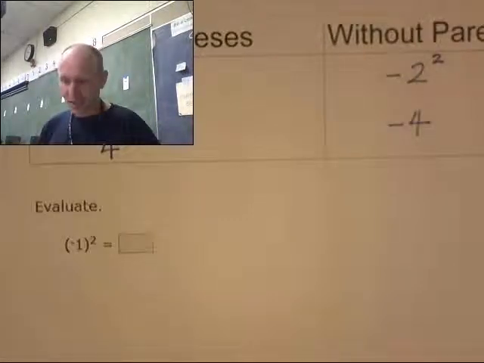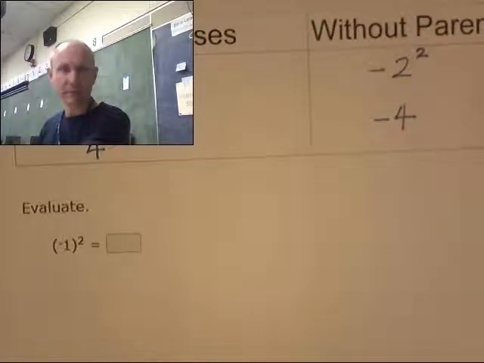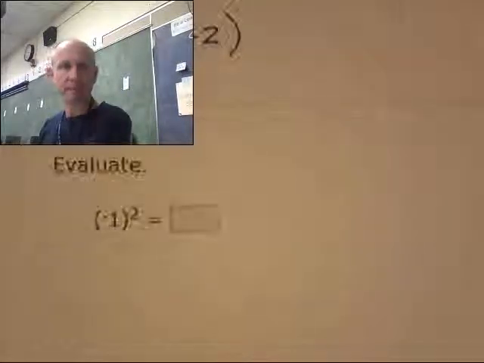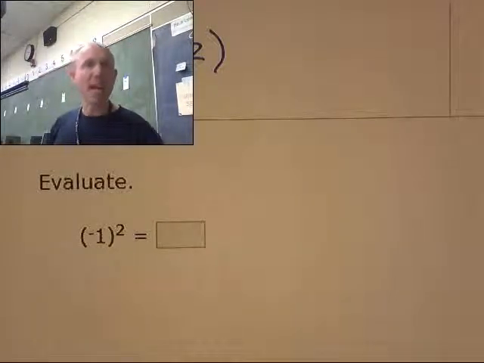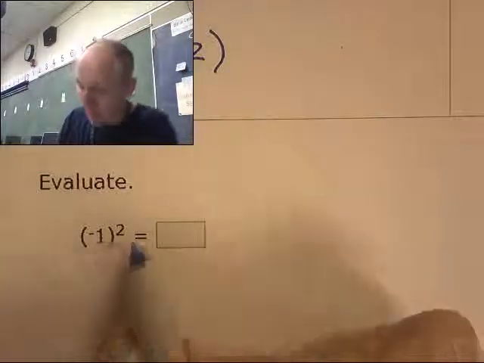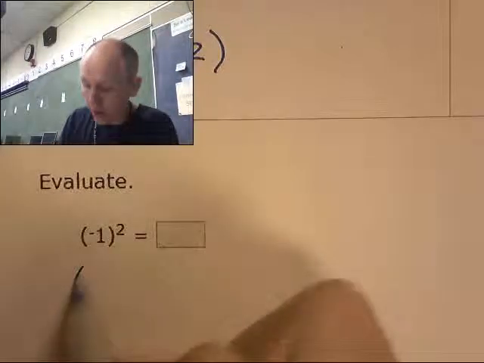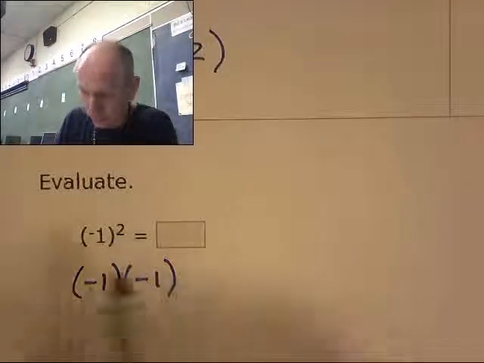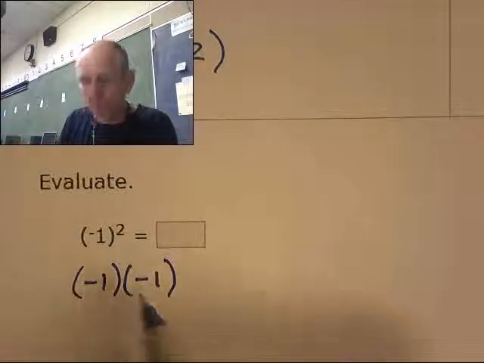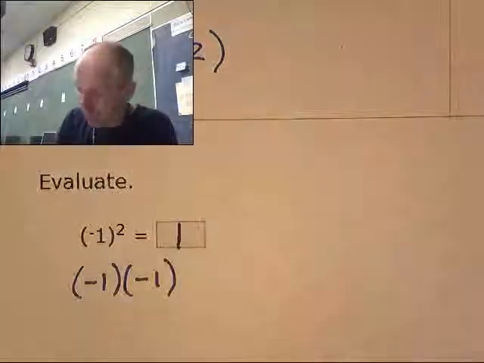Okay. So I'm doing a problem. Here we go. I'm zooming in. All right. So remember, if I have the parentheses, I'm going to write the parentheses out each time. So this is (negative 1) squared, which is negative 1 times negative 1. Negative 1 times negative 1 is positive 1.